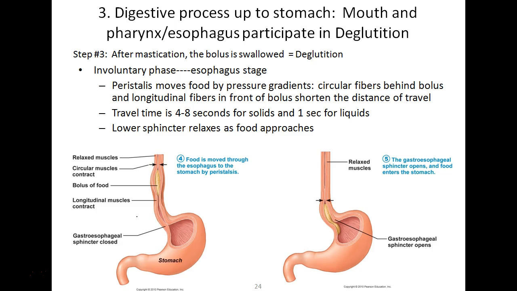So as we said earlier, it's a peristaltic movement of that food. So again, those circular and longitudinal muscles are working together to move that bolus down into the stomach. Well, that's about a 4 to 8 second process and about 1 second for liquids. There's a lower sphincter, the gastroesophageal sphincter, that needs to relax to allow food to move into the stomach.